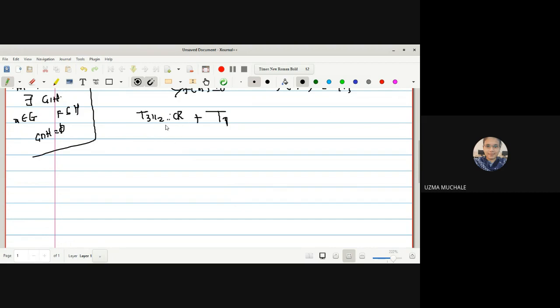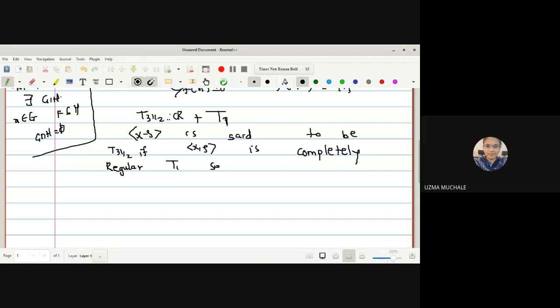Any space X is said to be a T3½ space if it is a completely regular T1 space.